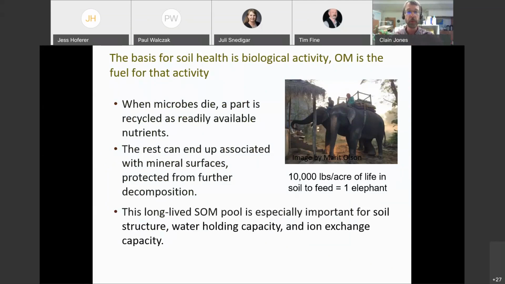That long-lived pool is what's especially important for soil structure. So that stable pool of soil organic matter, rather than say a pea leaf or a recently decomposed worm, things that don't stick around very long. Higher soil organic matter can improve water holding capacity, soil structure, and that term that I talked about the first day, cation exchange capacity. And all of those combine to determine soil fertility, nutrient availability, and the health of your plants.